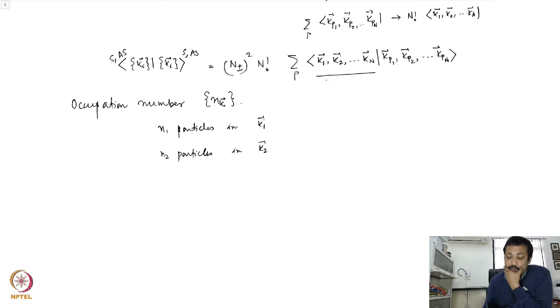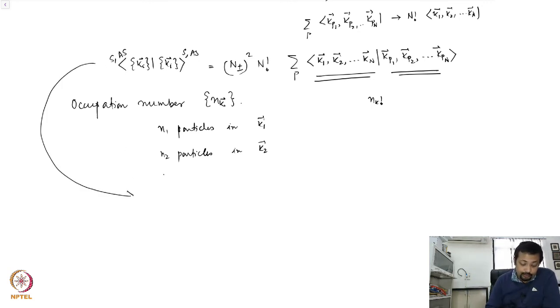Now you note that this inner product is 0 unless it corresponds to the original unpermuted order, and that only happens in nk factorial ways for the number of particles in each level.